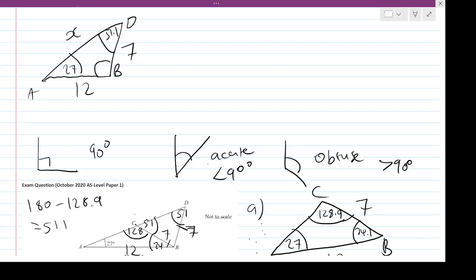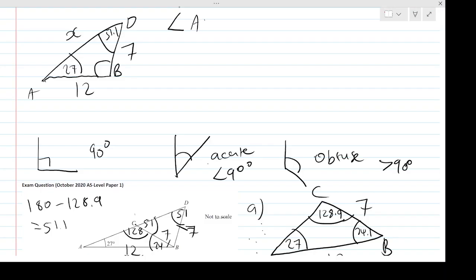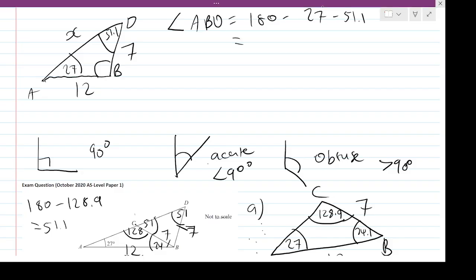Angle ABD is going to be 180 take away the other two, so 27 take away 51.1, which gets me 101.9 degrees.